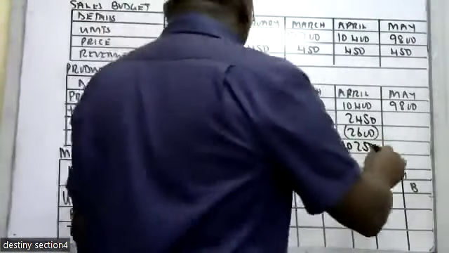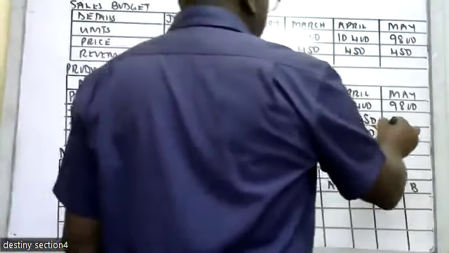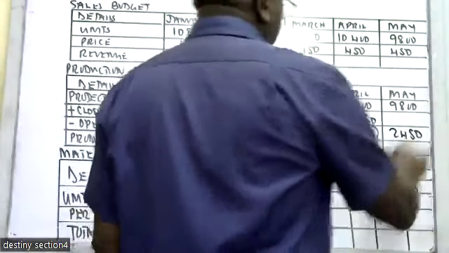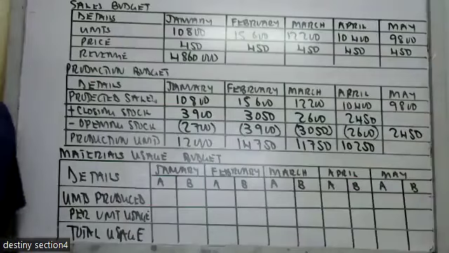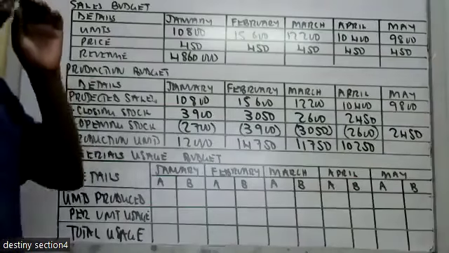So na hapa hii ya May, the opening will be 2,450. Sasa lakini sasa hatuna closing. So hiyo tunaiacha tu hivyo, and this was not part of our requirement.